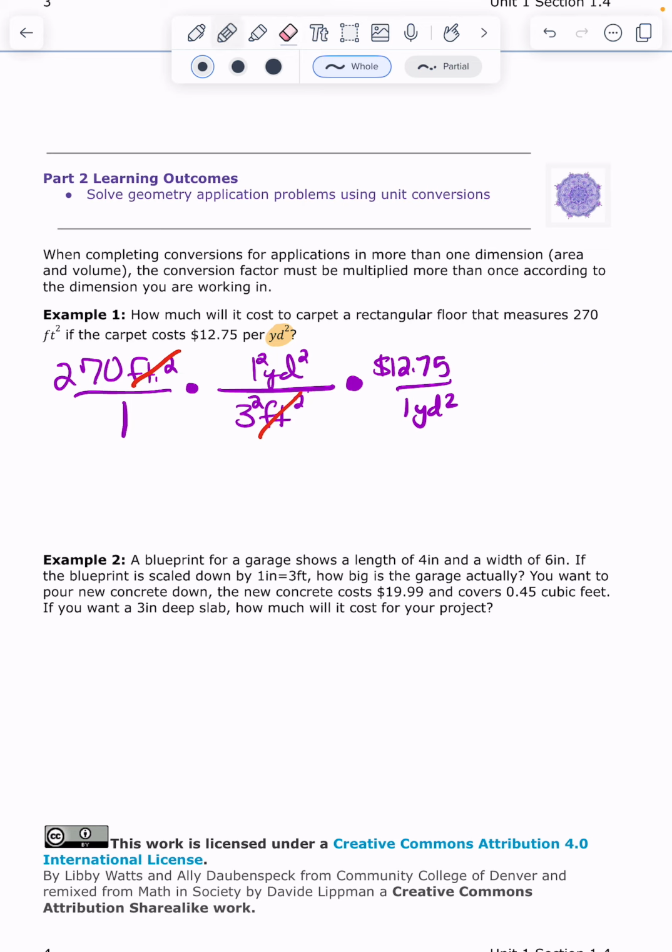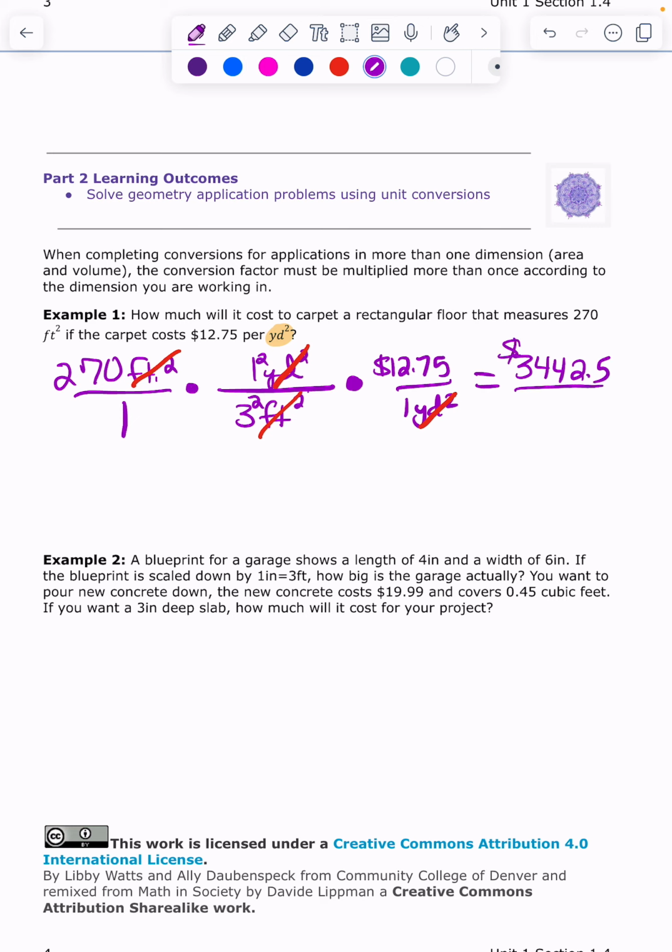And then I'm just going to erase this dollar sign here now that we have it. So square yards are gone, and the only thing left are dollar values. So I just need to multiply across the top. So 270 times $12.75 is 3442.5, and this is in dollars.